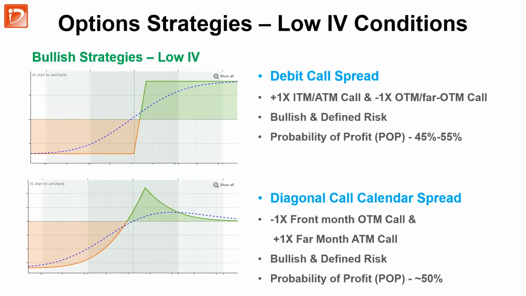This is called a diagonal call calendar spread. First, it is a calendar spread because one leg involves current month expiry, and the other leg involves next month or far month expiry. And it is diagonal because they are not of the same strike.